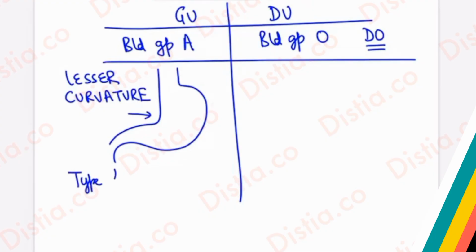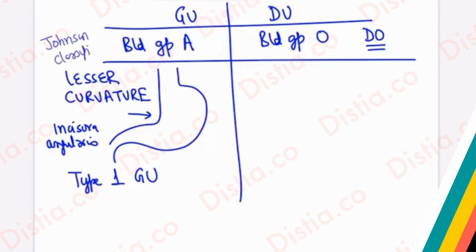Whatever I said and whatever the surgeon is saying is basically the same, whether the surgeon says type 1 gastric ulcer or me saying the commonest site is lesser curvature, just adjacent to incisura angularis. Both of these statements mean the same, and I would request you to read the Johnson classification for the various types of gastric ulcers from the surgical part.